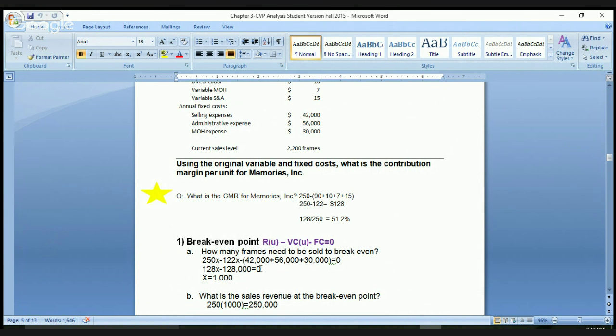If you look above, the fixed costs were 42,000, 56,000, and 30,000. When I add those up, my fixed costs total $128,000. I take the 250 minus the 122, I get 128x minus 128,000, and I set that equal to zero. I add 128,000 to each side and then divide by 128, and I get 1,000 frames. So I have to sell at least 1,000 frames in order to break even. That means I don't lose any money or gain any money.